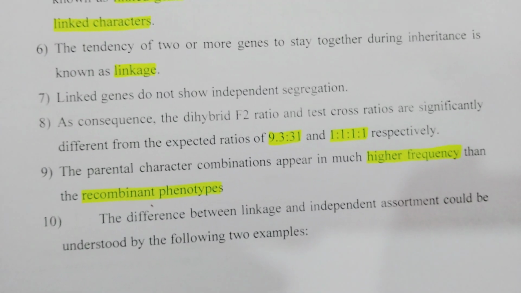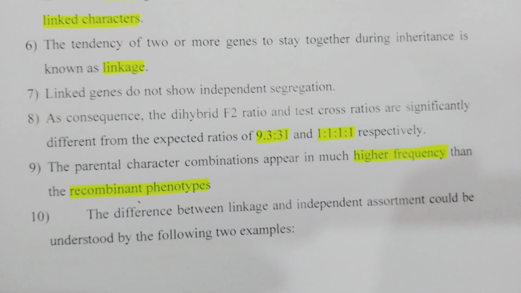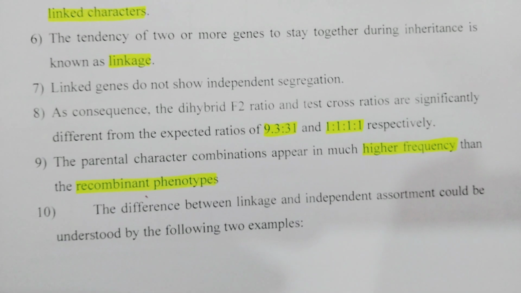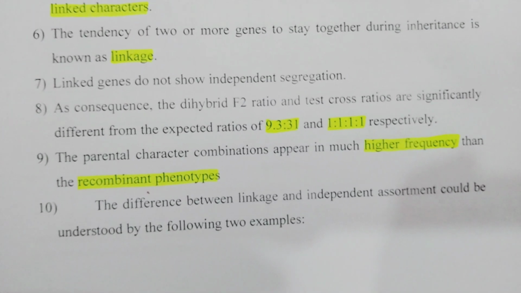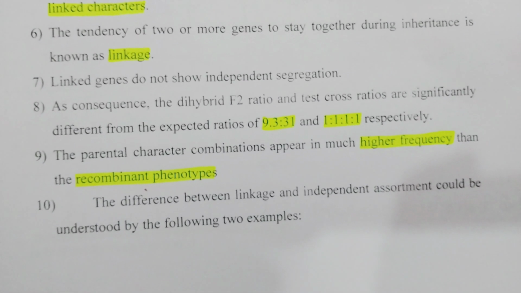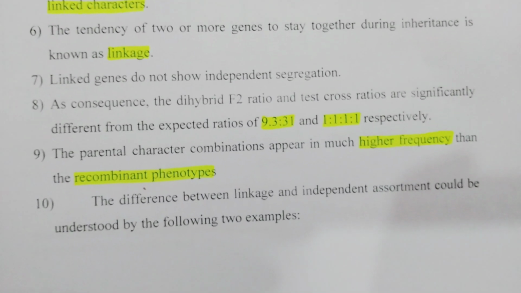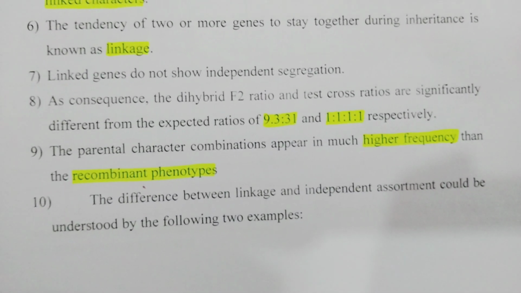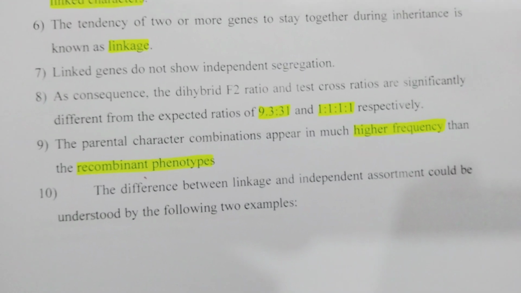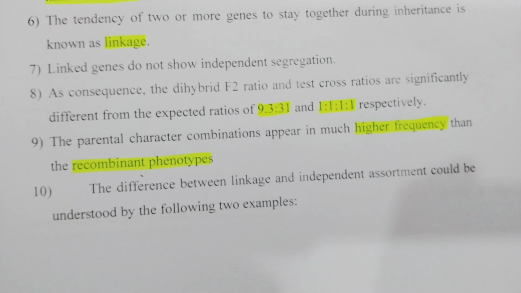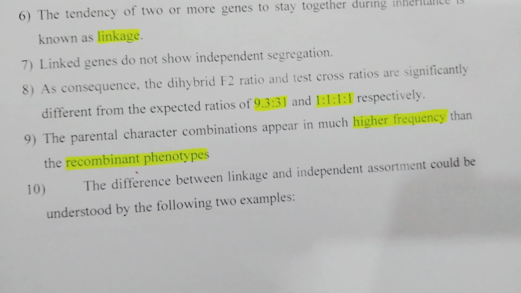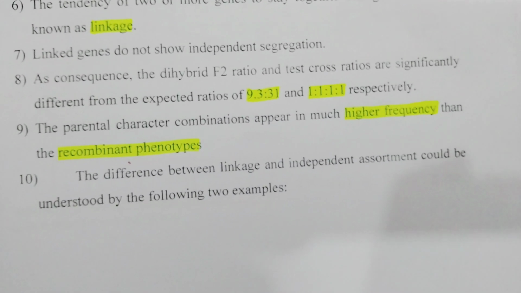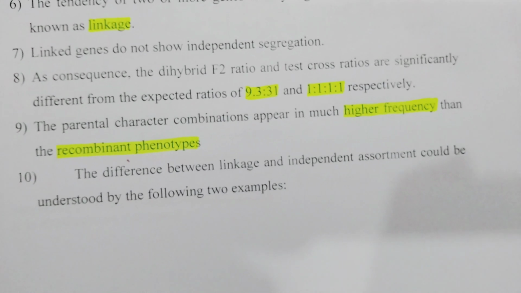As a consequence, the dihybrid F2 ratio and the test cross ratios are significantly different. We know that the dihybrid phenotypic ratio is 9:3:3:1 and the dihybrid test cross ratio is 1:1:1:1. But the parental character combinations appear at much higher frequency than the recombinant phenotypes in the case of linkage.